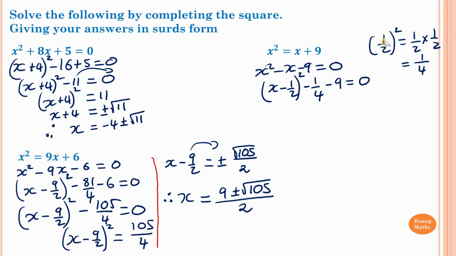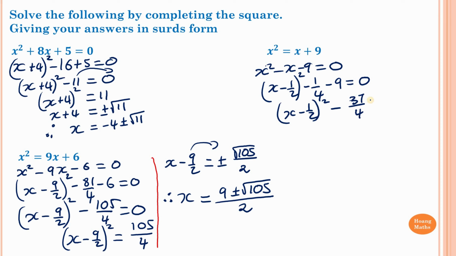Now you just simplify. So that becomes x minus a half all squared minus, so 4 times 9 is 36, add 1 is 37. So this is the same as 37 over 4 is equal to 0. So now I move this to this side. So this means that x minus 1 over 2 all squared is equal to 37 over 4.